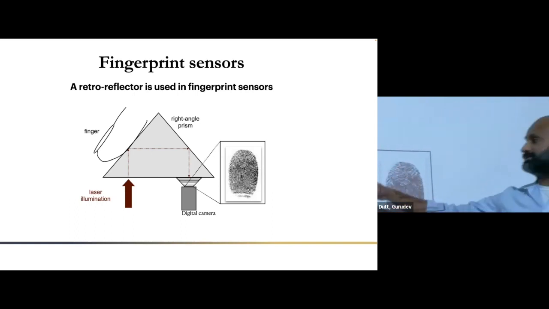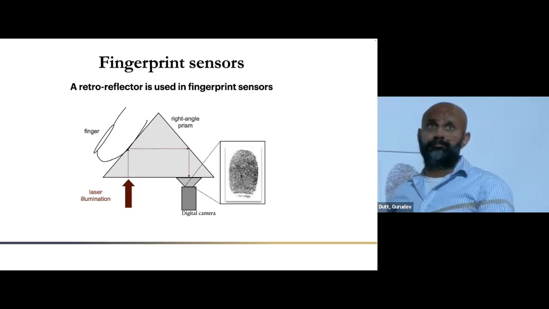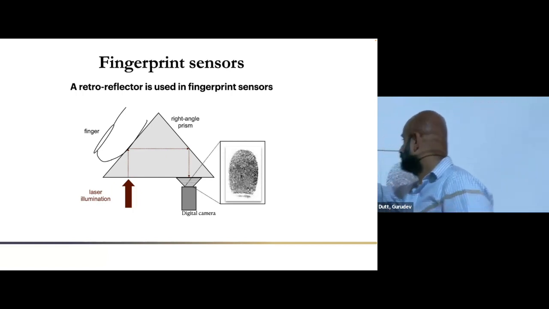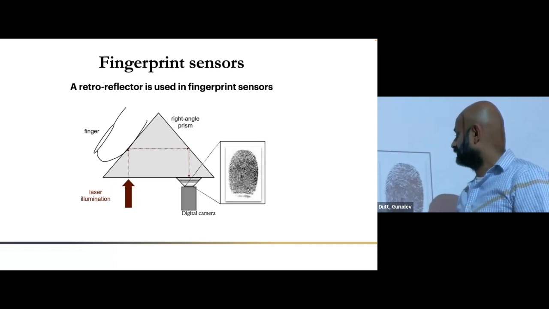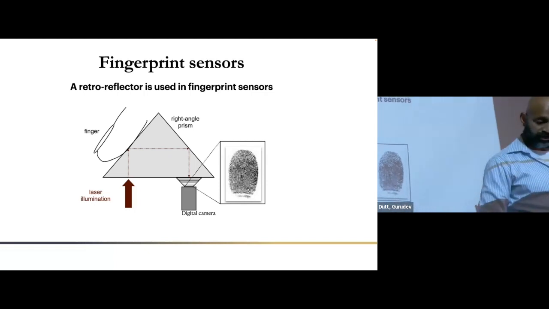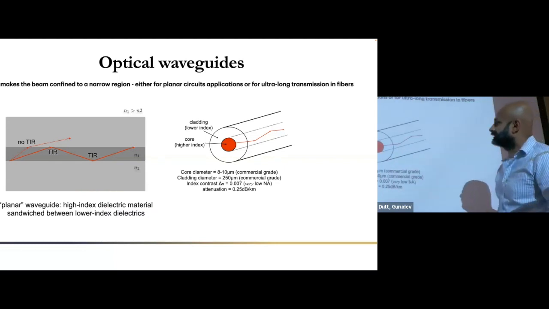You send laser illumination through a little piece of glass, which has been micro machined inside, and that reflects from the fingerprint and hits a small camera with a few pixels on it, and that is enough to build up an image of your fingerprint and capture it.